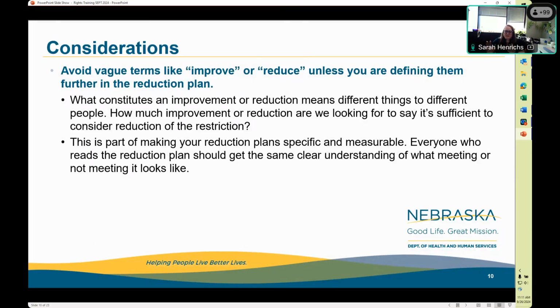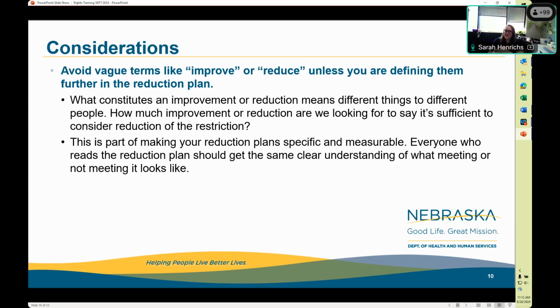So if somebody has physical aggression and they have a sharps restriction and they have 10 episodes of physical aggression and they tried to stab somebody to death last month, and then this month they have 8 episodes of physical aggression, that's a reduction. I'm pretty sure that's not what the team meant when they said when there's a reduction in physical aggression, we'll reduce the restriction. I hope not, right?